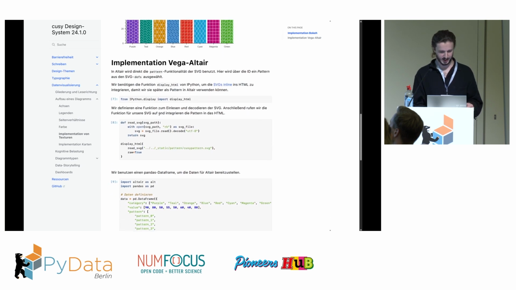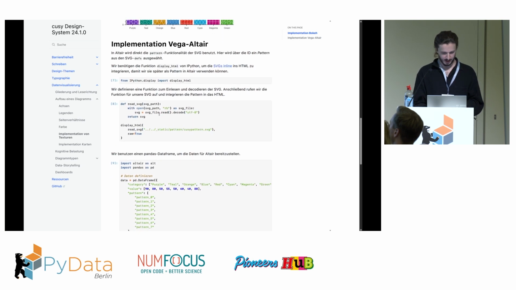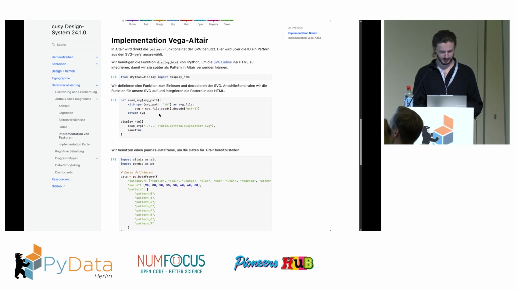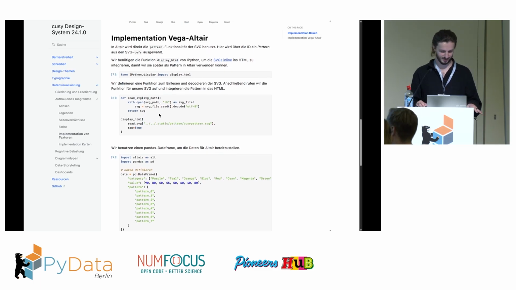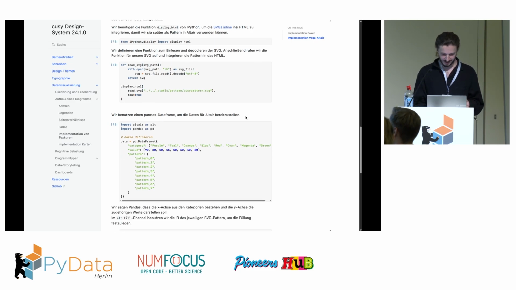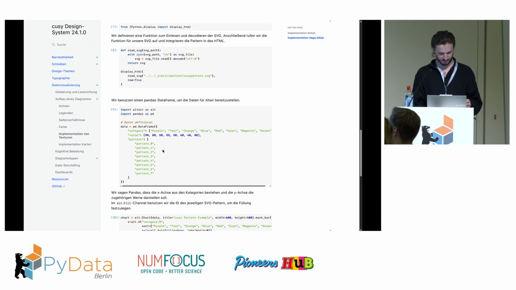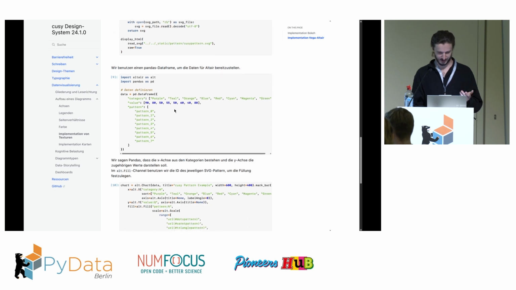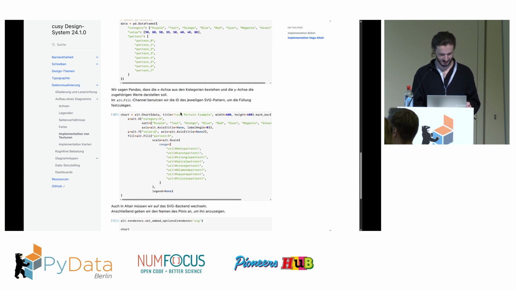The implementation in Vega-Altair is a bit different. We can't directly use the files. We have to somehow include the patterns in our web page or Jupyter notebook. So we read the file, and the trick is to give the whole image a viewbox of 0, so it won't show up visually, but it's there in the DOM available. Then we can use that. We have again some example data.